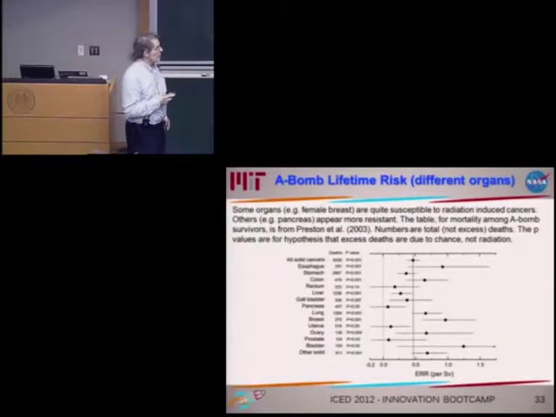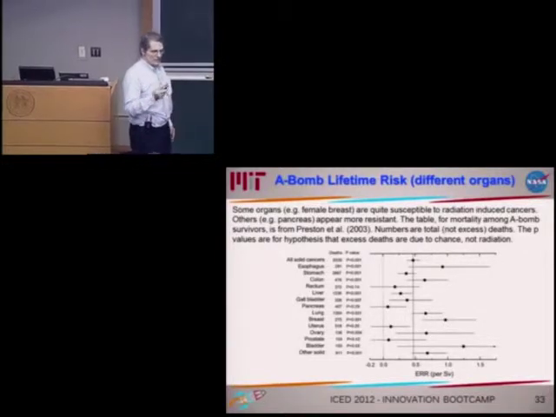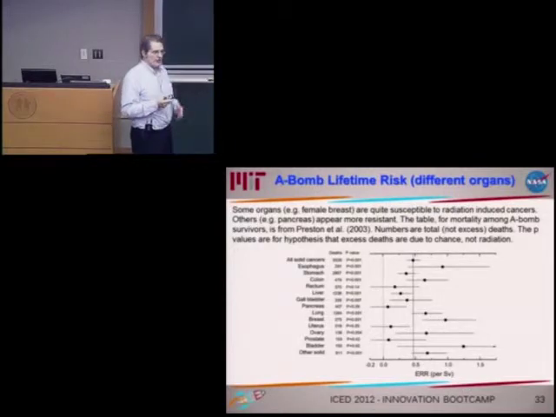So you're talking about already a small fraction, then of which a fraction of that was radiogenic. So in the net, I think you're looking at about 500 cases or so out of about 100,000 that can be attributable to radiation. So when all is said and done, these risk numbers aren't nearly as bad as they would seem. But suffice to say, we do have to think about organ specificity in these analyses.